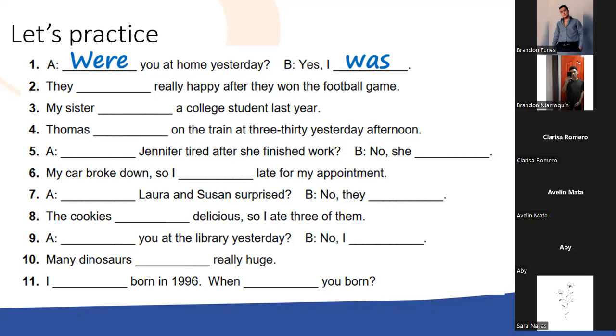I was born in 1924. 1924 or 1994? 1994. Okay, yes, 1994, because if you were 1924, that means you are 98 years old.